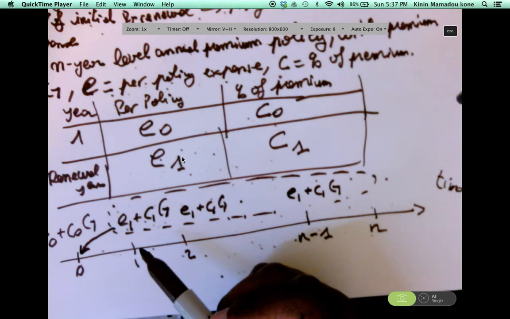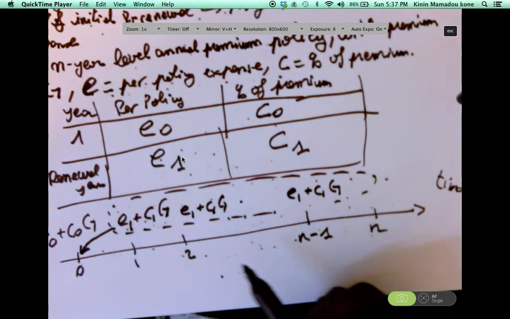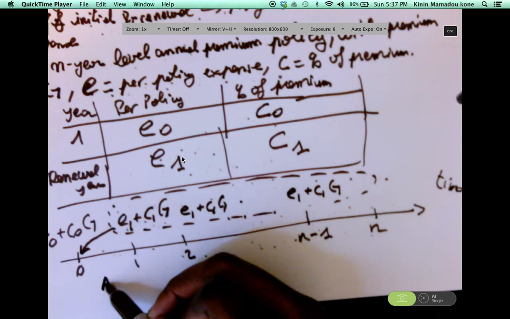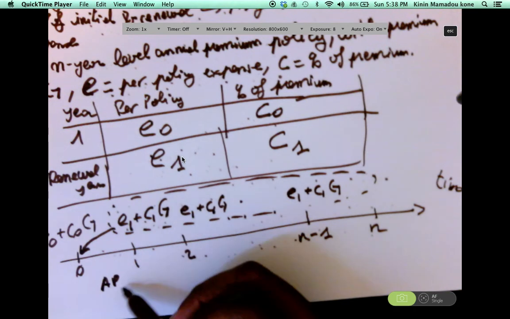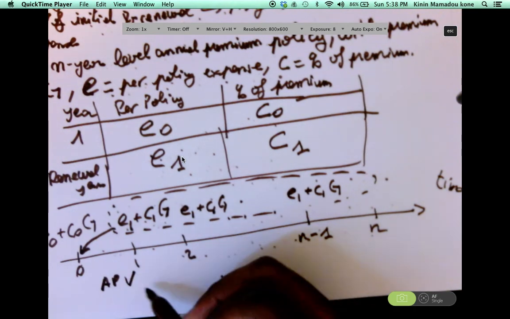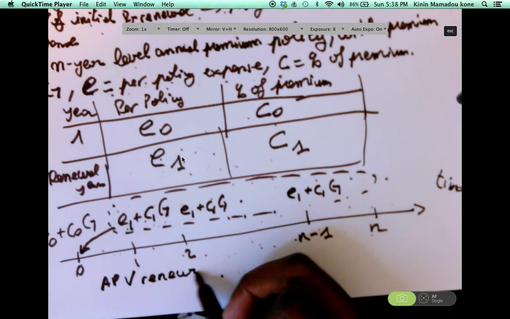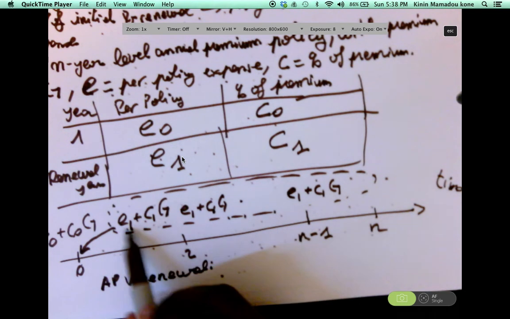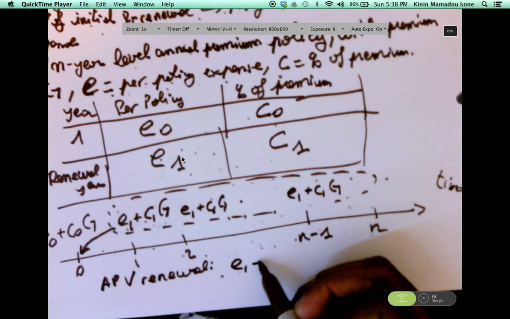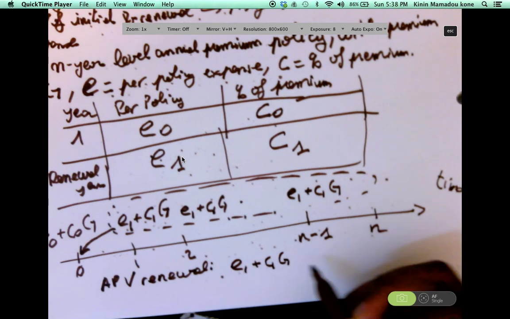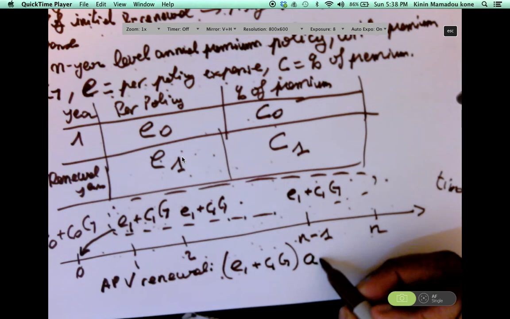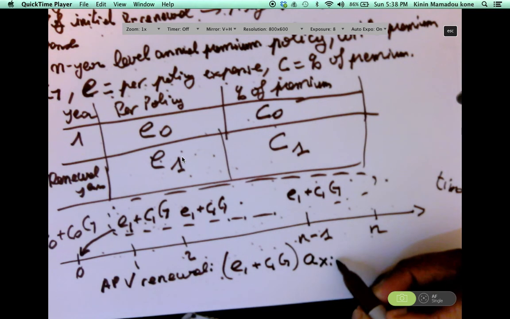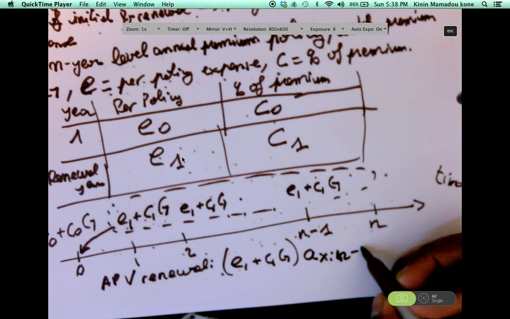So the APV of all renewal expenses, all of the E1 terms, will be: take E1 plus C1 G and discount it as if it were an annuity of an individual age x until time n minus 1.